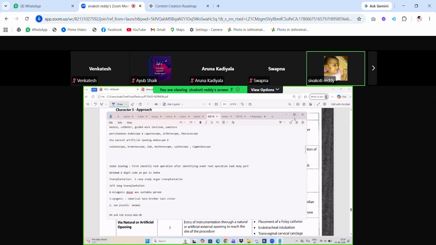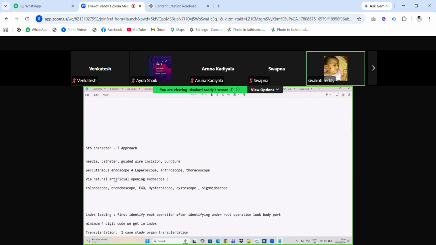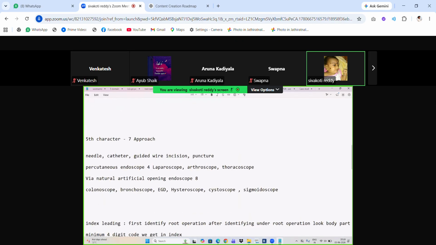They will puncture the body and complete the procedure. Sorry, percutaneous approach, not endoscopy. Note down, when we need to code percutaneous: needle, catheter, guide wire, puncture. If you see these approach words, it should be percutaneous.